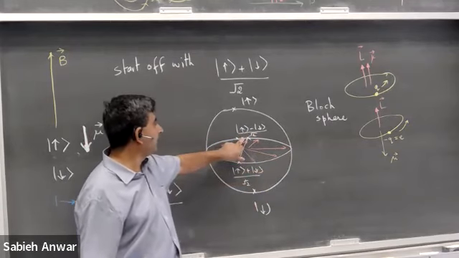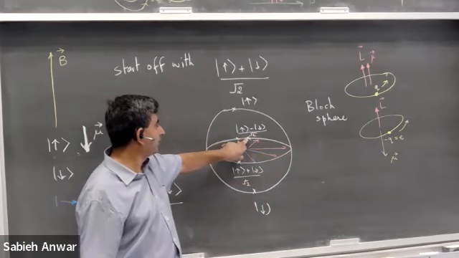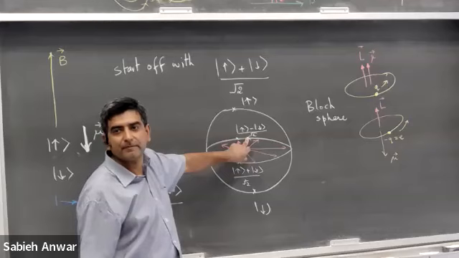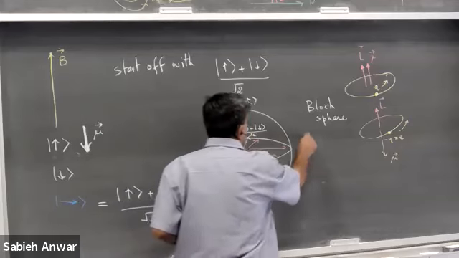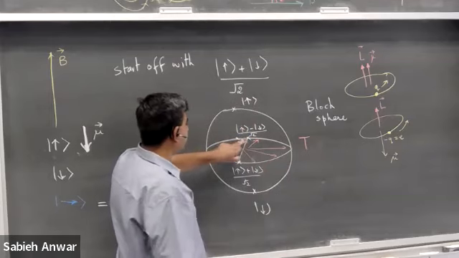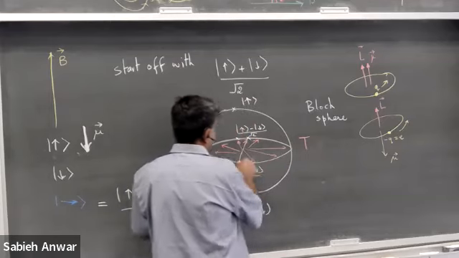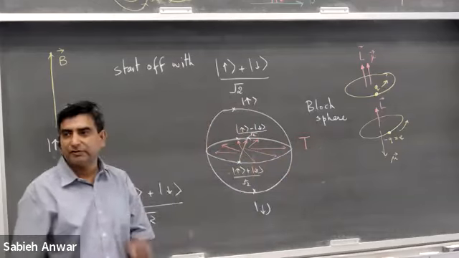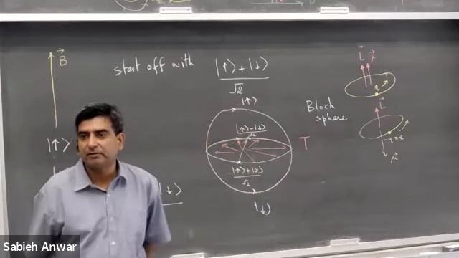So after some time, it's going to come here. So suppose after time capital T, it comes here. After time 2T, it comes back here. Okay. So it's going to oscillate between these two states. So this is just a single spin that we're talking about.